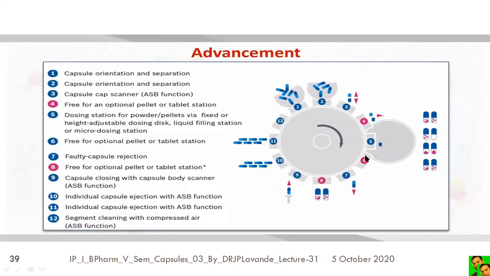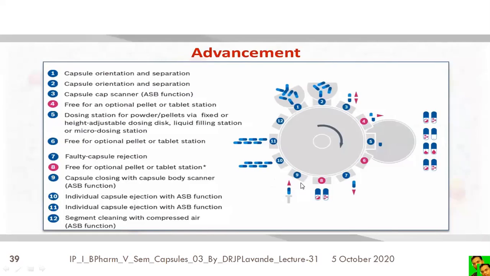Then there is a sixth stage, which is the free slot for optional pellet or tablet station. The seven consists of the rejection of the faulty capsules. The eight is the stage free for optional pellet or tablet sections.